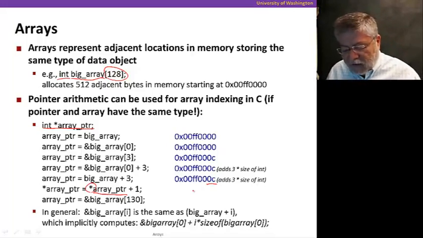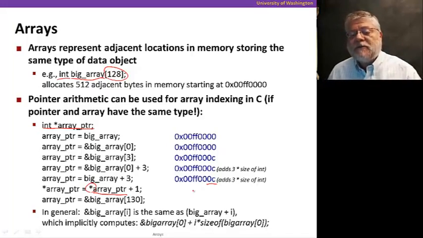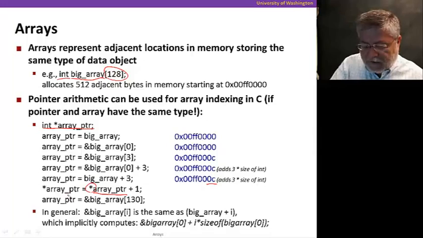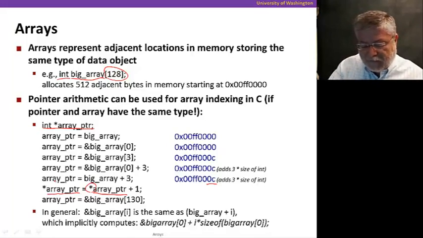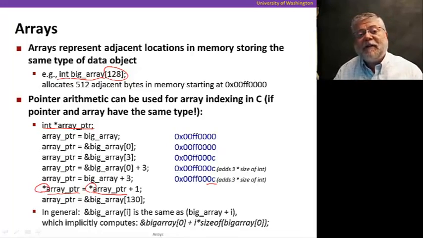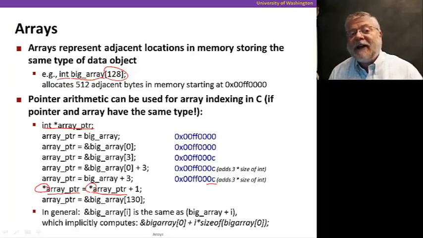So we're going to go into that location, get the value stored there, add 1 to it, and then where are we going to put the result? Well, it says to go put it at the same place where we got the value. So it says go to the address pointed to by array_ptr. That star in front, again, is saying dereference the value in array_ptr and go to that location.